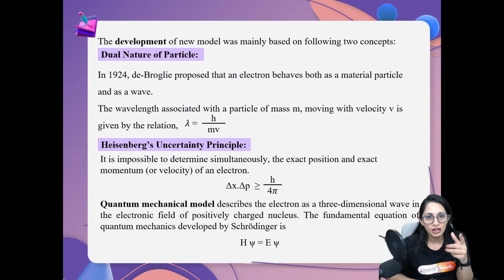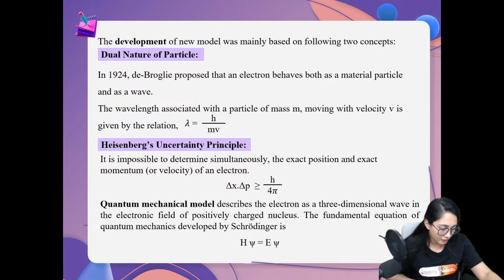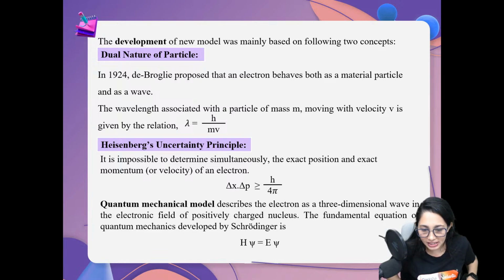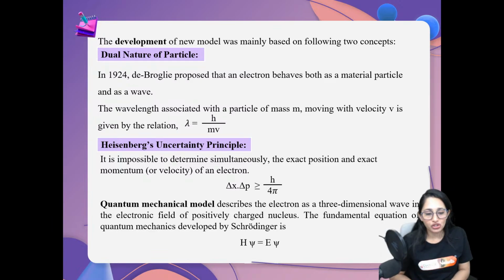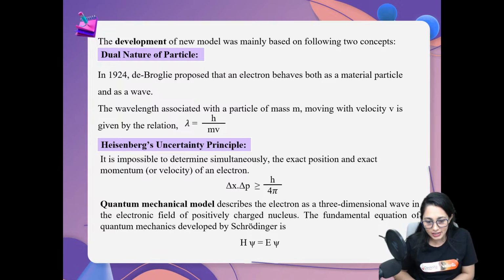Either one of them can be found out at a point, not both of them. So delta x into delta p will be greater than or equal to h by 4 pi. So quantum mechanical model describes the electron as a three-dimensional wave in the electronic field of positively charged nucleus. H psi is equal to E psi.